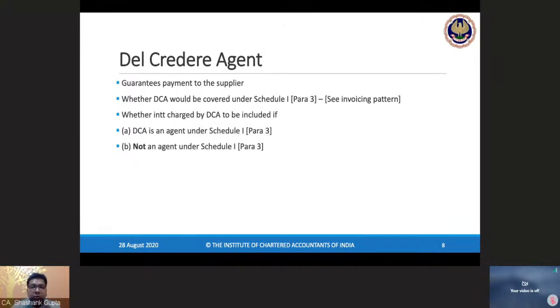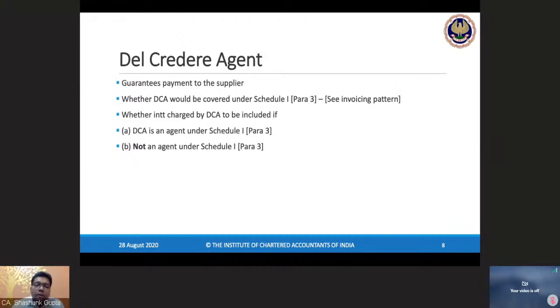Whether he is issuing the invoice in his own name, but actually the supply is being made on behalf of the principal. So there could be two scenarios. There is a Del Credere Agent who is undertaking supply of goods on behalf of the principal, and hence he would be covered under Schedule 1.